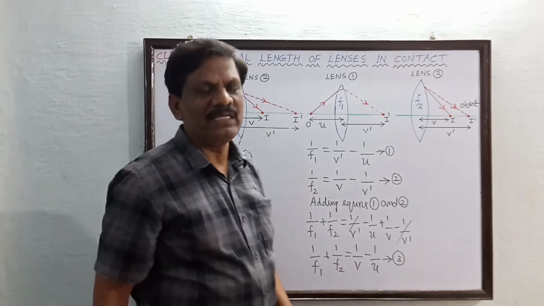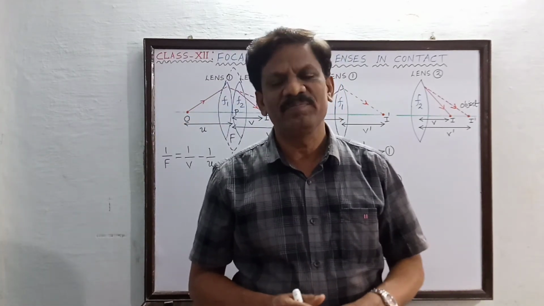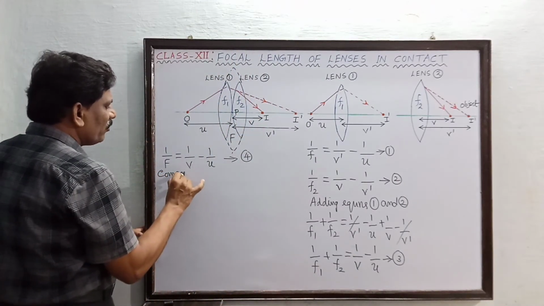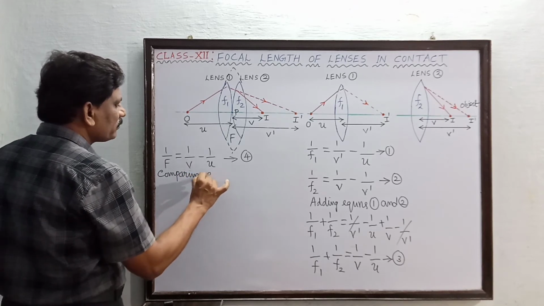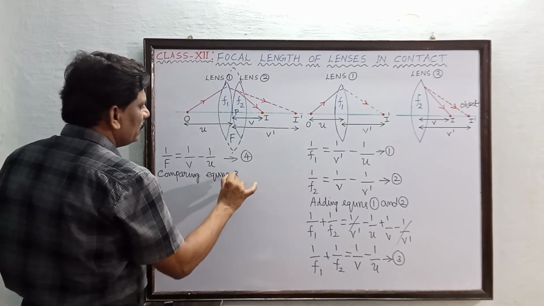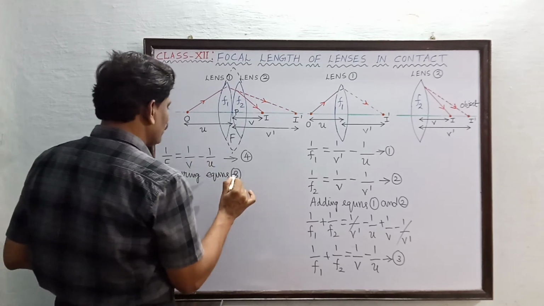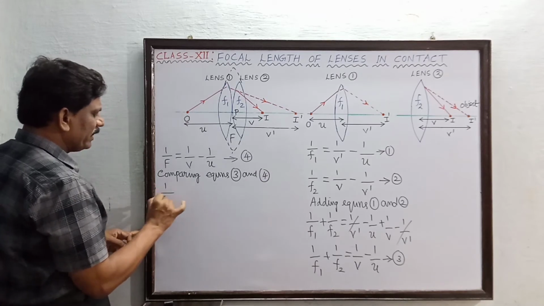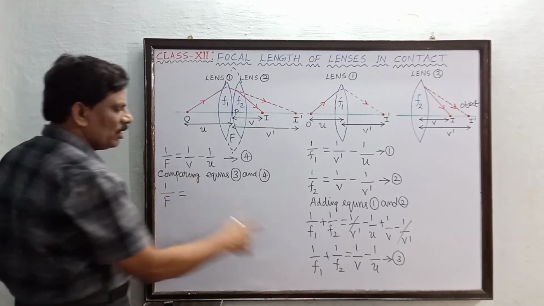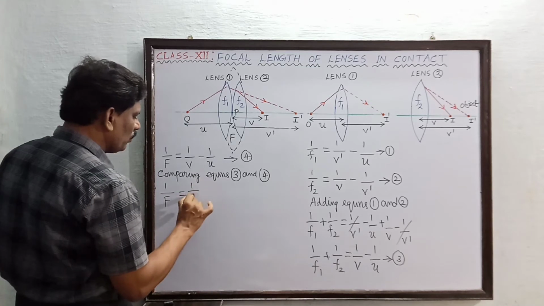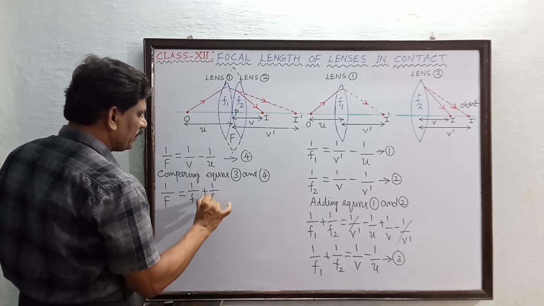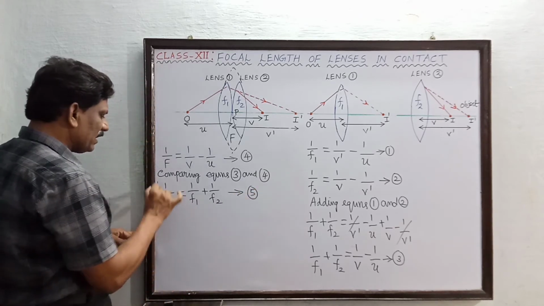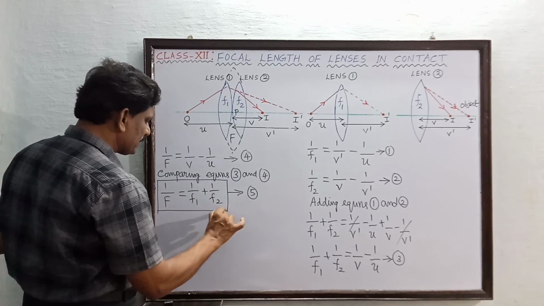So comparing equations 3 and 4, the right hand sides are equal, therefore the left hand sides also must be the same. So 1 by f must be equal to 1 by f1 plus 1 by f2, and this is equation 5. This is the required equation for us.